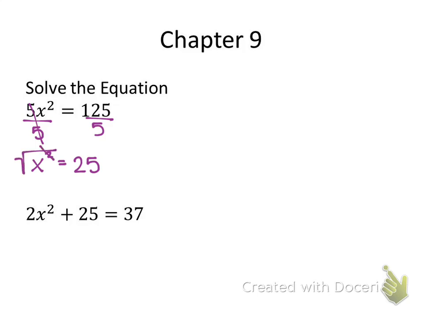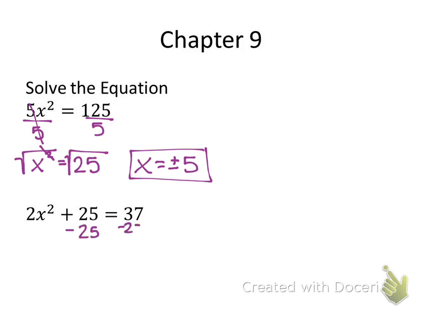I've got to get that squared to go away. And whatever I do to one side, I've got to do to the other. So x is equal, remember, every square root problem has two answers, which is positive and negative 5. Okay, so let's look at the next one. What should I do first on this problem? Subtract 25. Very good.